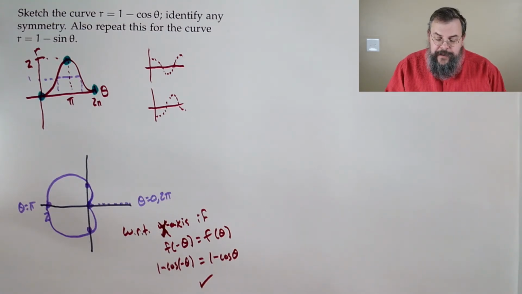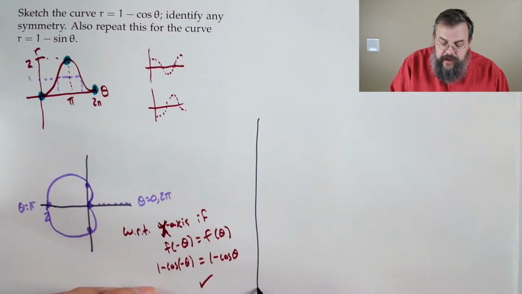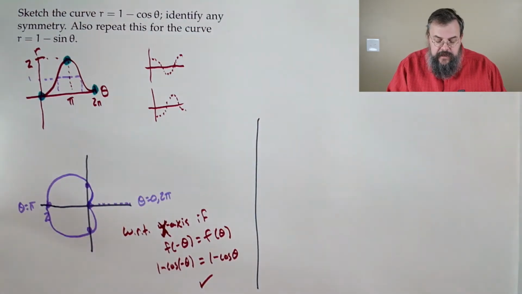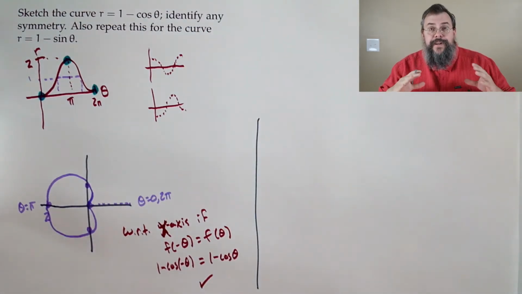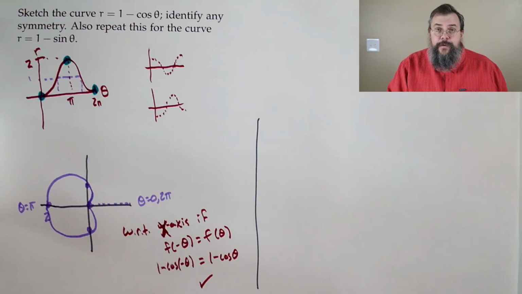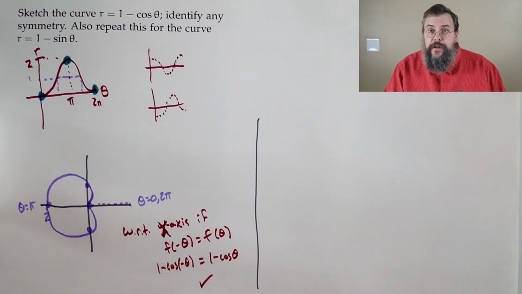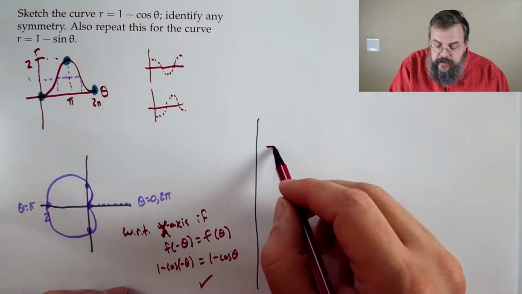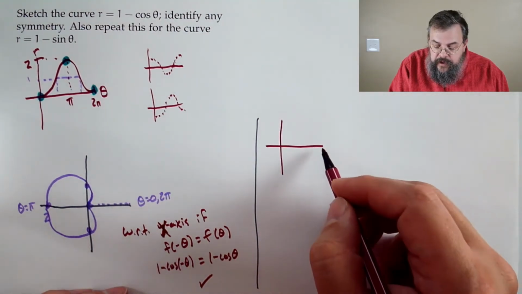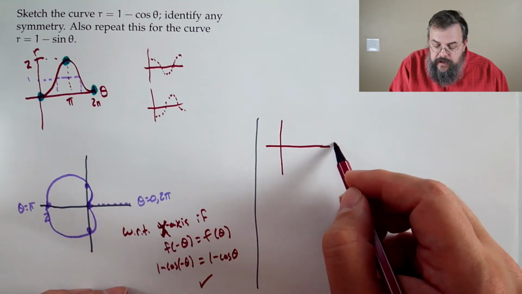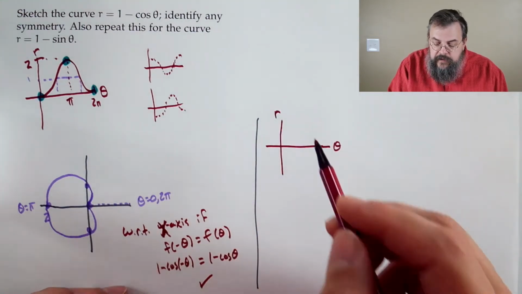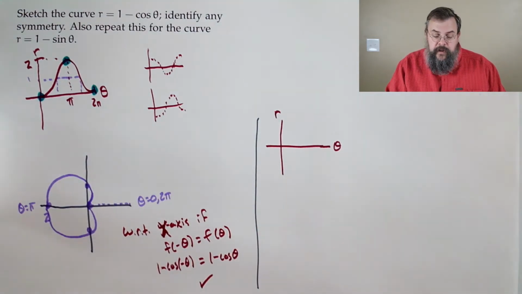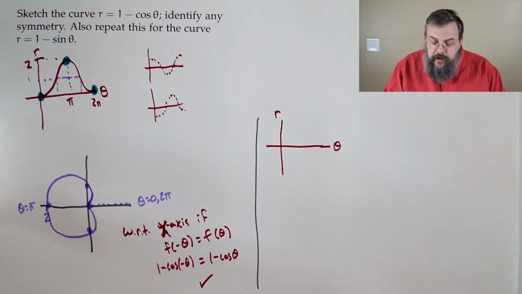Okay, r equals 1 minus sine theta. So again, let's think about, what does the curve r equals 1 minus sine theta look like? If you were to sketch that, and again, this is not the polar curve, what we're doing is saying, how do we think of r as a function of theta? Well, the picture will look like the following.